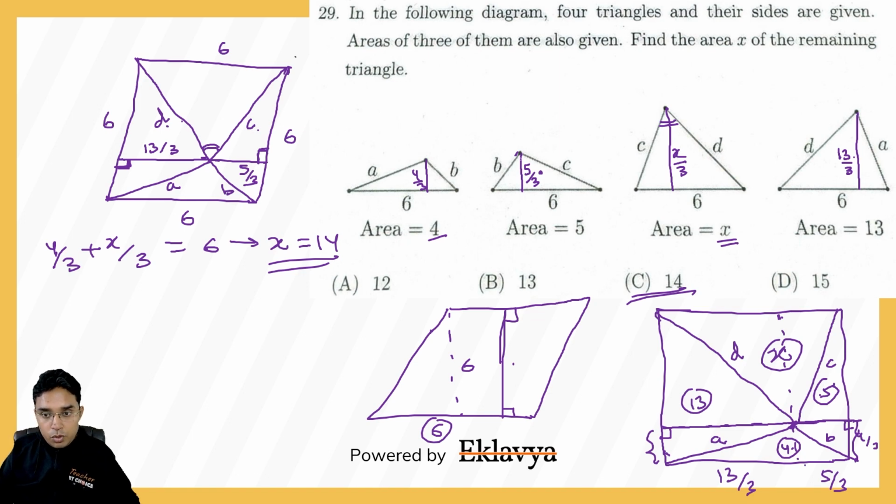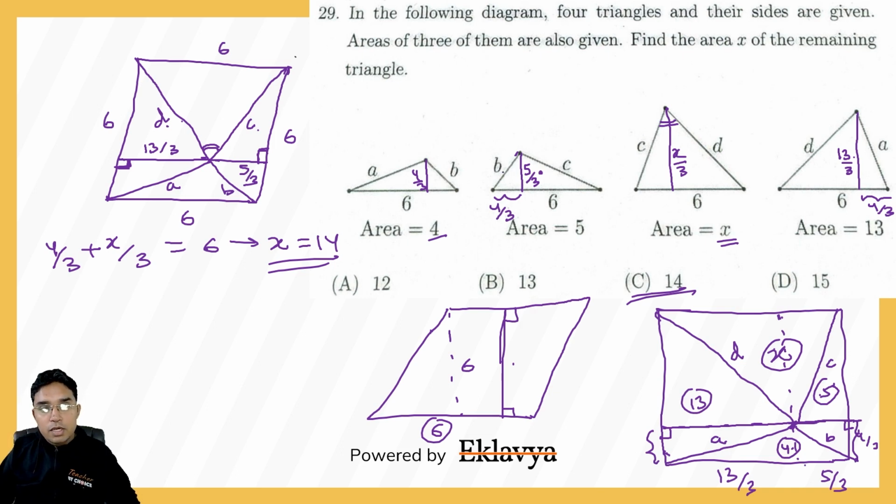So with 13 where side length is A, this line should be equal to 4/3, and here with this also it should be 4/3. But this is not true for all possible values of A, B, C, D.